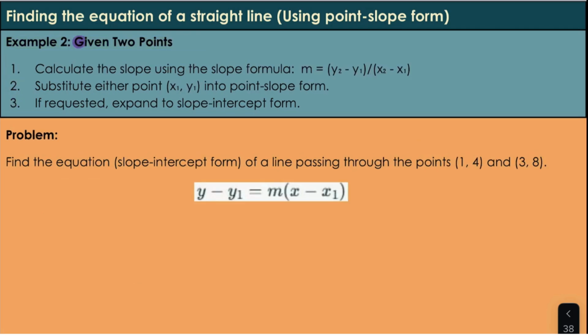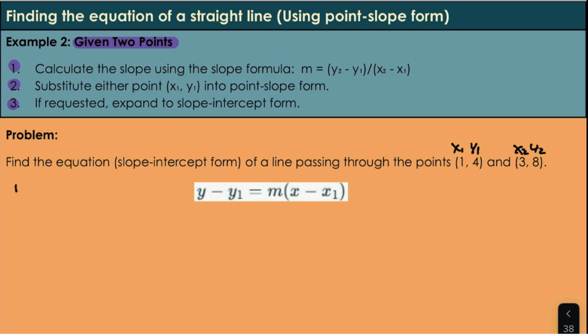In our second scenario, we are given 2 points. We will follow these 3 steps. So the question states, find the equation in slope-intercept form of a line passing through the points 1, 4 and 3, 8. Step number 1, calculate the slope using the slope formula. So let's label those points. We have x1, y1, x2, y2.